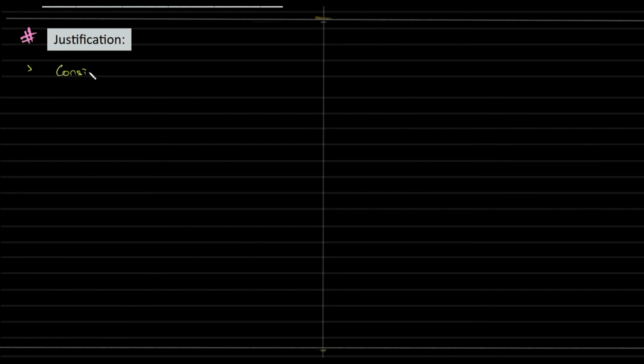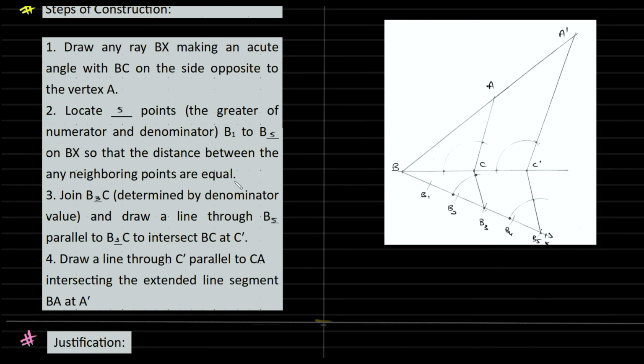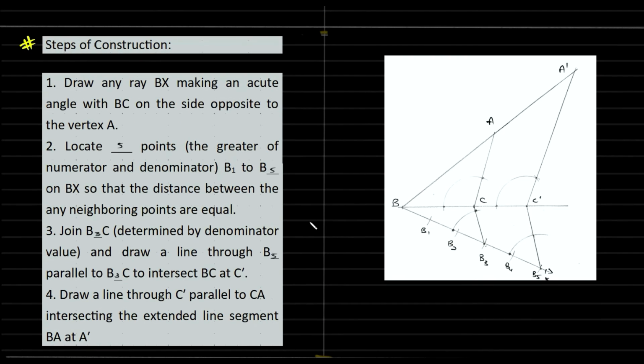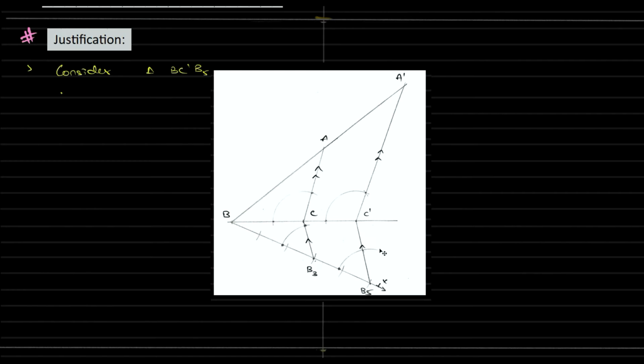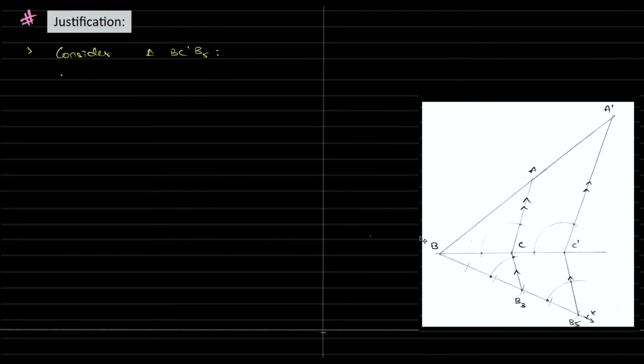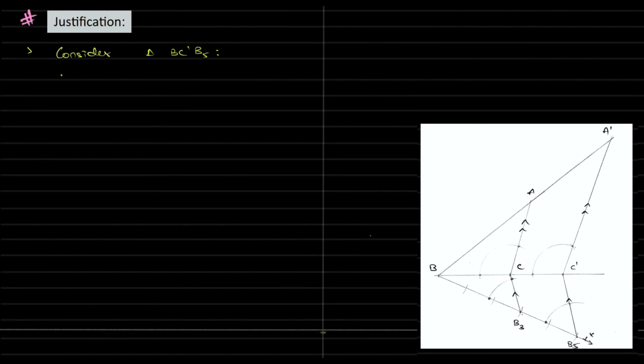So we consider triangle BC dash B5, that's the bigger triangle. Let me copy this so that we don't miss it. Please have a look as and when I write. So we're considering this entire triangle.